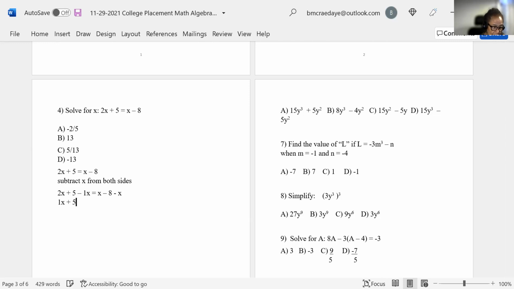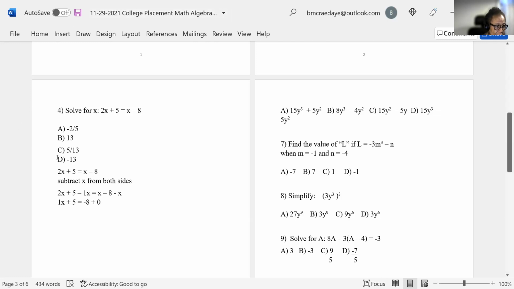And what do we have on the right side? What's x minus x? 0. So that's going to be left with just minus 8, plus 0.